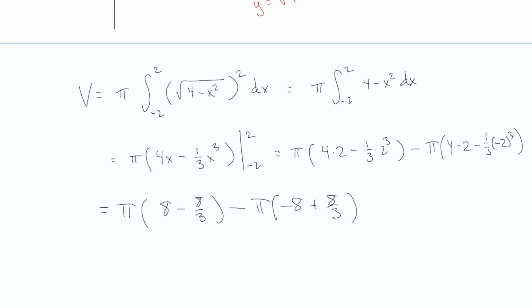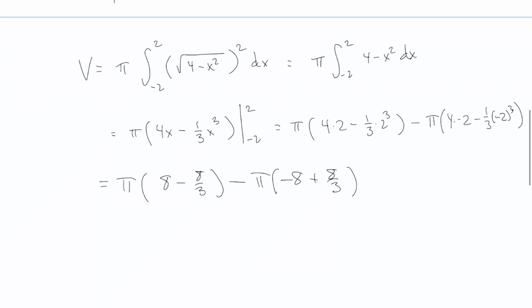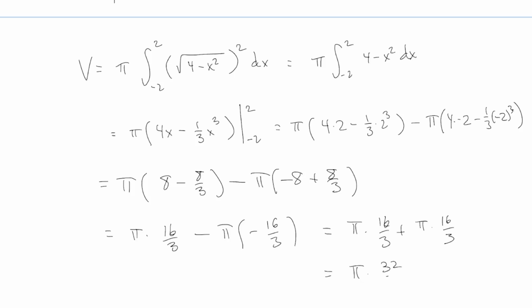I worked this out: 8 in terms of thirds, 8 is 24/3, minus 8/3 is 16/3. Anyway, this is pi times 16/3, and then it says minus pi times -16/3. I'm just simplifying here. Those two minus signs cancel, and I get pi times 16/3 plus pi times 16/3, and it adds up to pi times 32/3. That's what we wanted, right? So it really does work out.